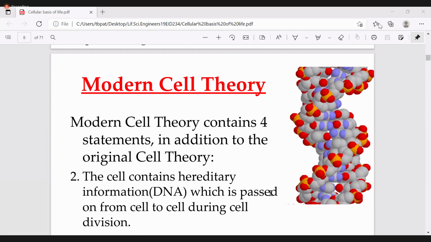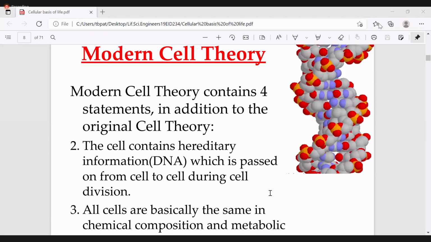In addition to the original cell theory, the cell contains the hereditary information in DNA, deoxyribonucleic acid. The hereditary characteristics are passed on to the next generations, from cell to cell during cell division.